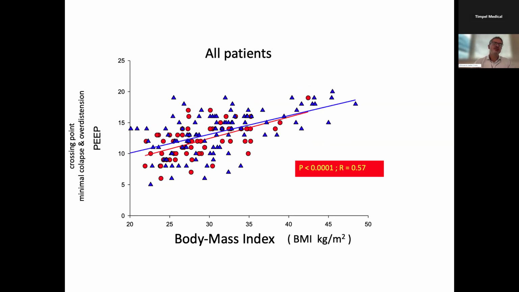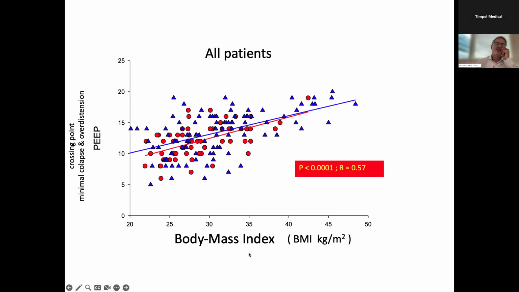So the PEEP levels that you would use for a normal lung are not that different from the PEEP level you would use for a sick lung. At least a big part of the requirement of PEEP that we need to avoid collapse is actually related to the body mass index.